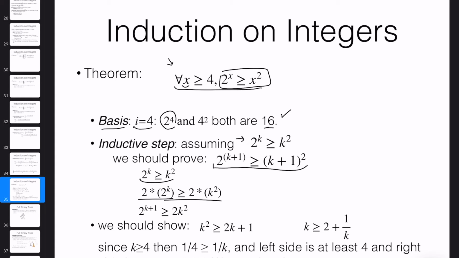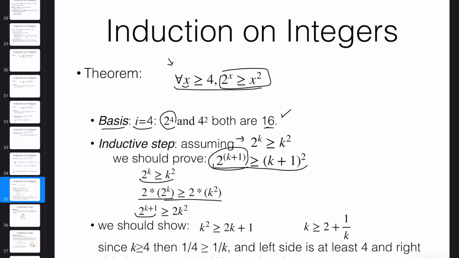We know that this is true. So if I multiply both sides by 2, still 2 multiplied by 2 power k is greater than 2 multiplied by k power 2. So this part is going to be 2 power k plus 1. So this is going to be the left side of the statement that we wanted to prove.